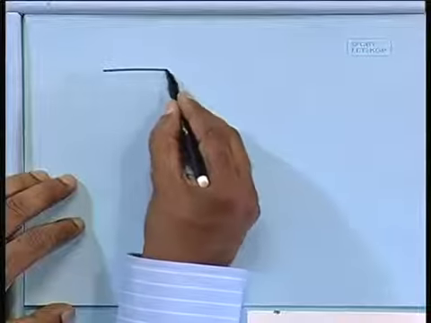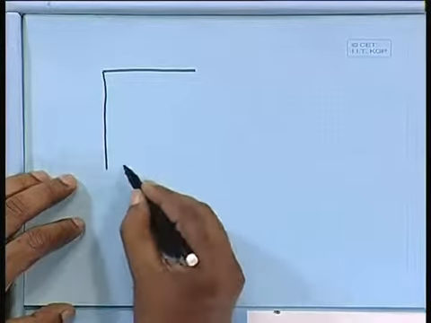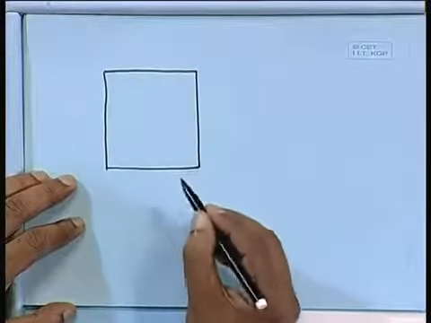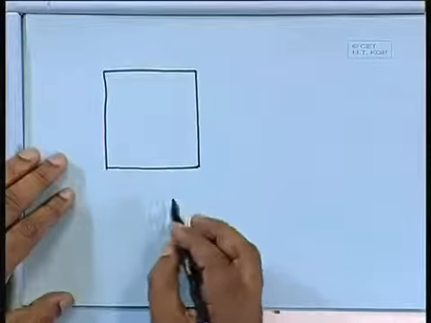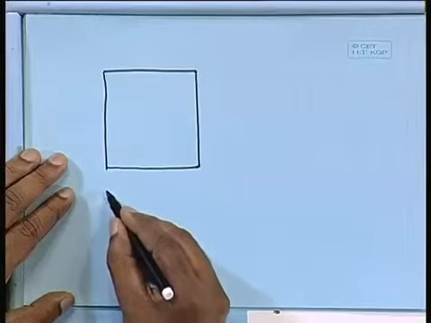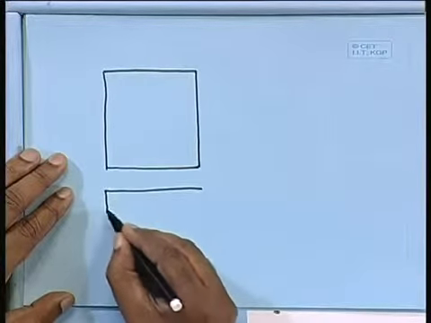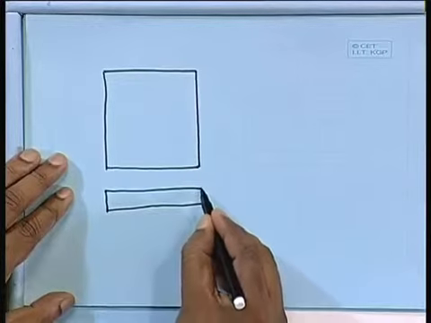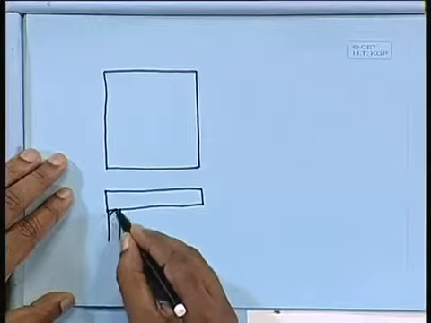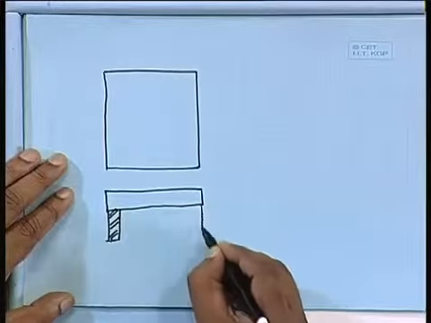Let us take, this is your one panel for which we are considering. And as our problem says, this is the beam, slab supported over masonry wall on both sides.